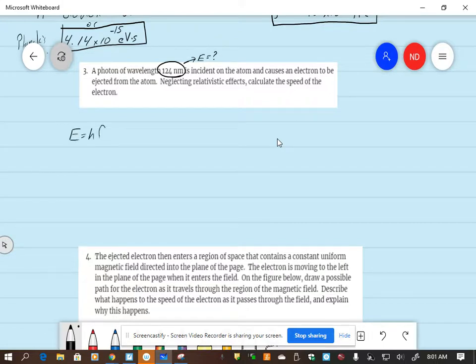Energy equals hf. Now we have nanometers, and we need meters, so we go to energy in joules.